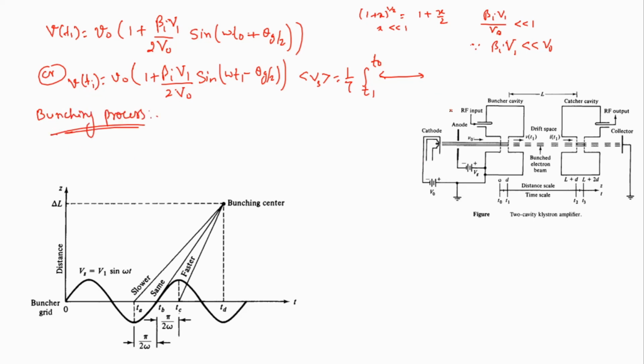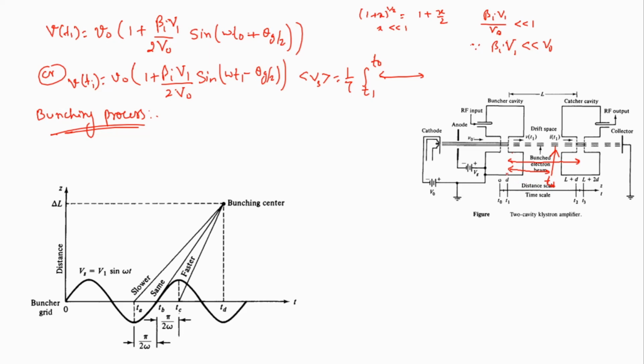As we have already discussed, the bunching process occurs when the electron travels from the buncher cavity and moves to the drift space. The bunching process occurs in this region, this drift space, which is a field free region. Let us assume the bunching process occurs at this point and this time is some TD value.